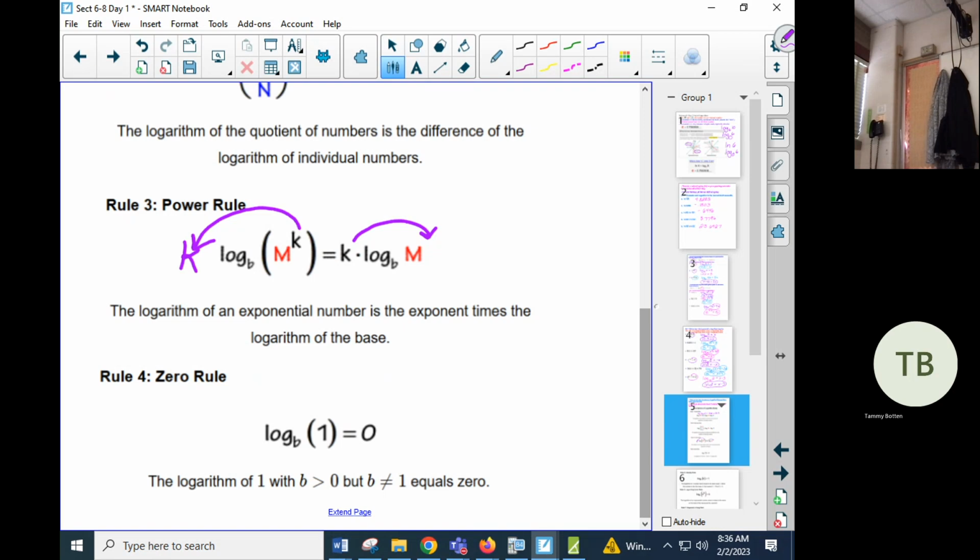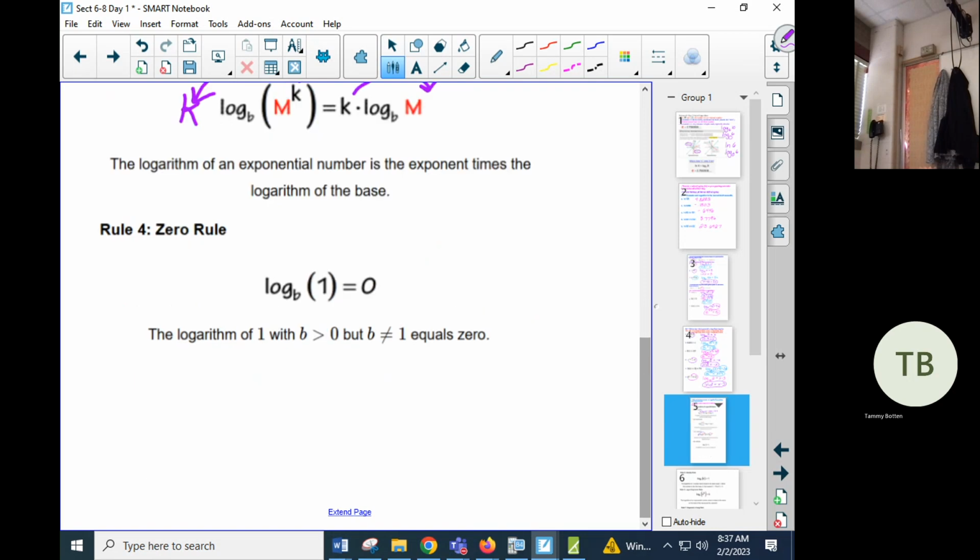Today, we're going to do something called condensing logs. Tomorrow, we're going to do expanding logs. So today, we would have this and we would condense it to this. Tomorrow, we'd have this and we expand it to this. Okay, and you'll see that as we go through.